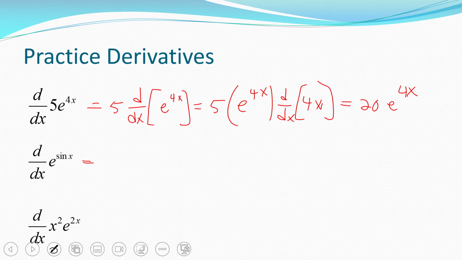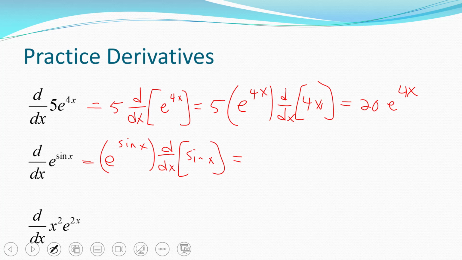This then equals the derivative of e to the sine of x. It's the same rule. So then the derivative of e to something is e to that something. You then multiply it by the derivative of the exponent. And that's the cosine. So now we have to decide where we're going to put functions. So when you have exponentials and trig functions and logarithms, where do you write them?